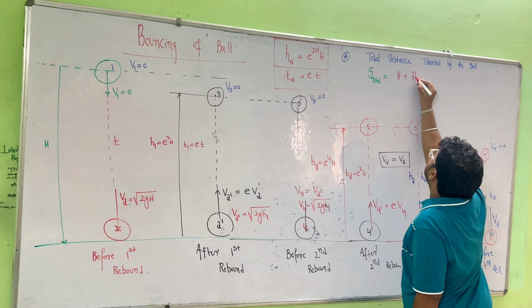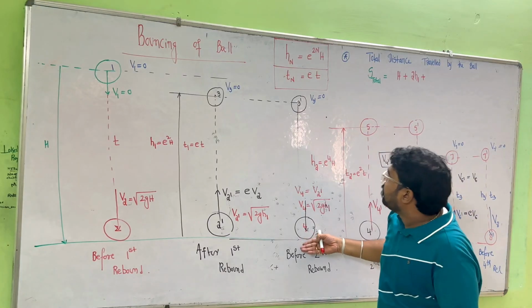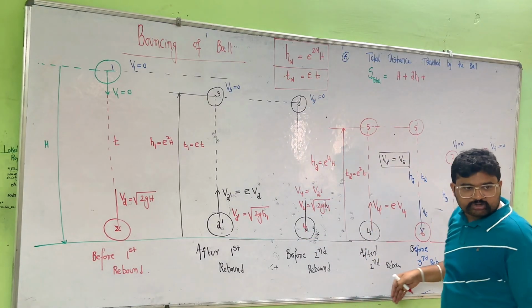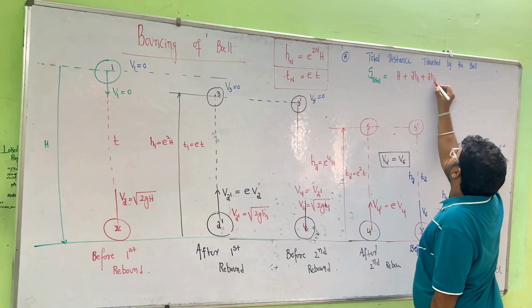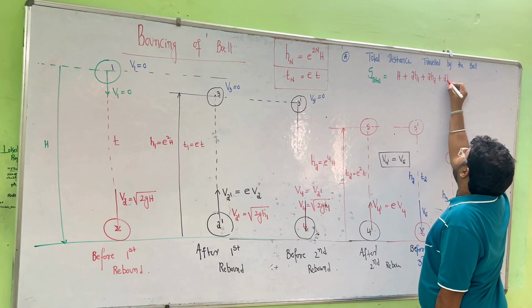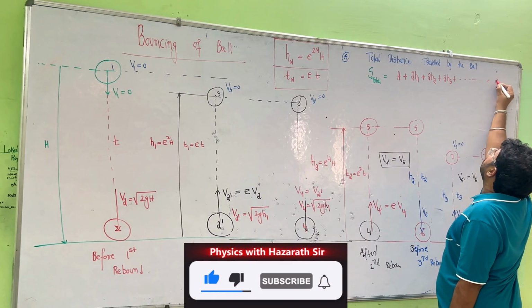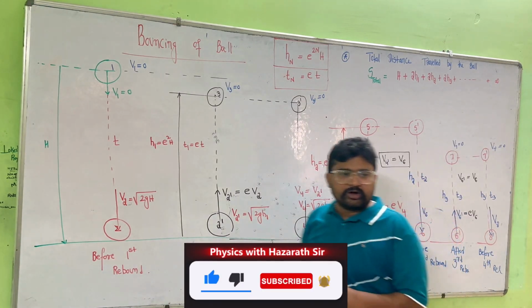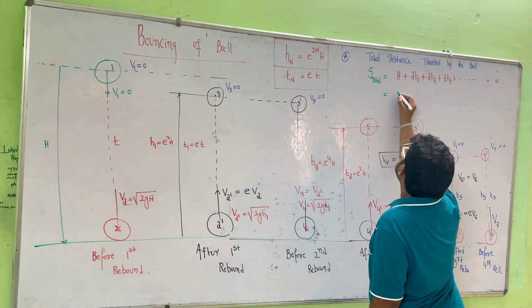అప్పుడు రెండింటిని యాడ్ చేస్తే ఏమొచ్చింది? 2 times of h1. ఓకేనా? ఆఫ్టర్ దట్ వాట్ విల్ గెట్? పైకి పోతే h2 మళ్ళా కిందకి వస్తే h2. 2 times of h2, 2 times of h3 and so on up to infinity. So okay, what we will get here?